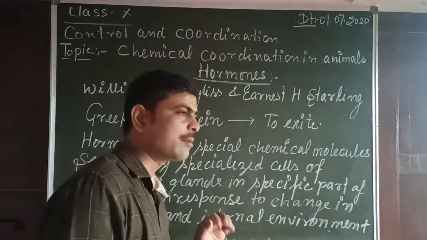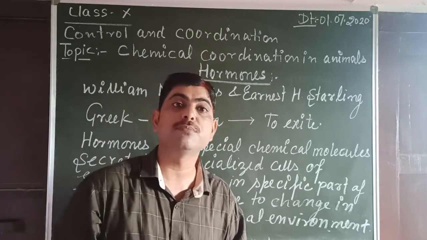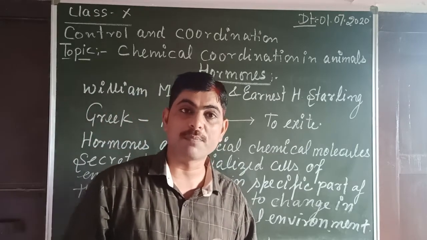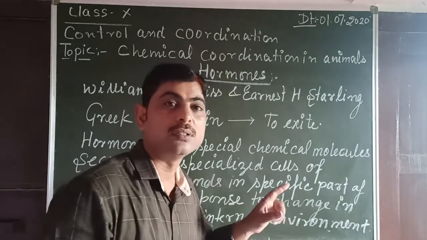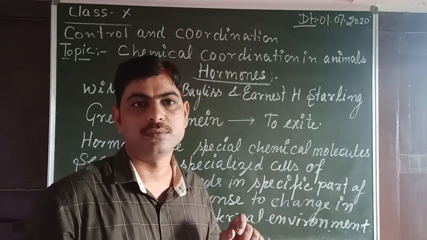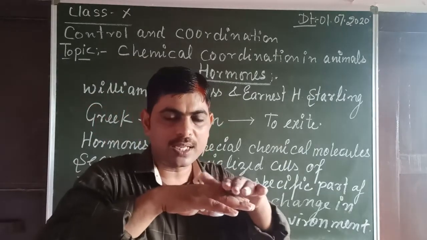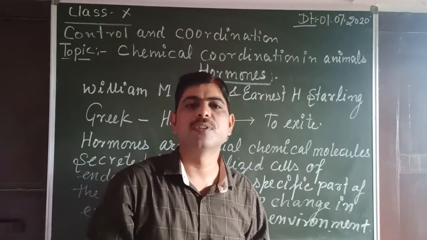And from blood, these hormones are detected by a special type of protein molecules. Special type of protein molecules that detect these chemicals, hormones, are called receptors. And receptors are present either on the surface of the cell or in the cytoplasm of the cell.